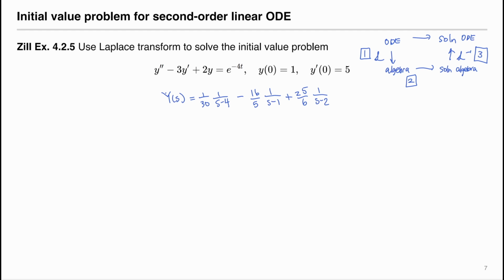The third step is to perform the inverse Laplace transform in order to get y(t). So we take the inverse Laplace using the linearity property, and do it term-wise.